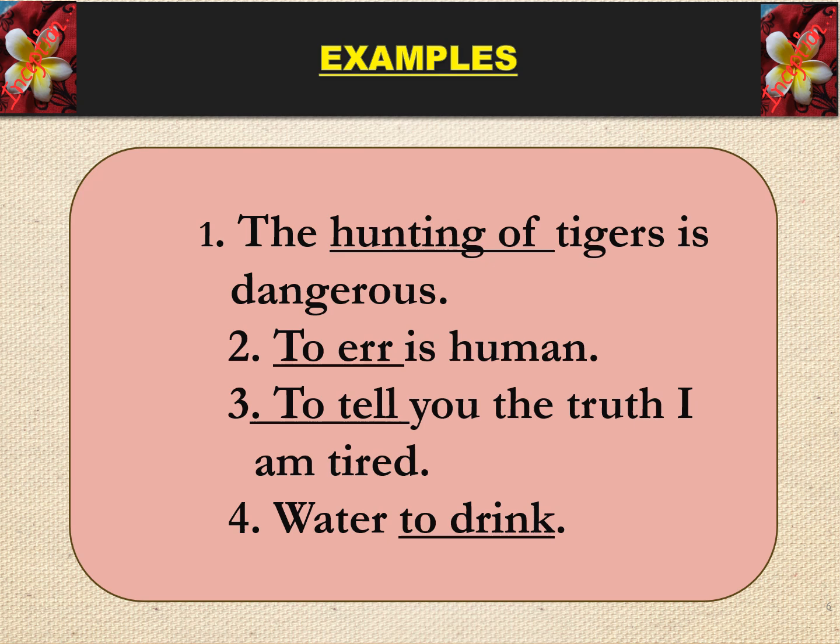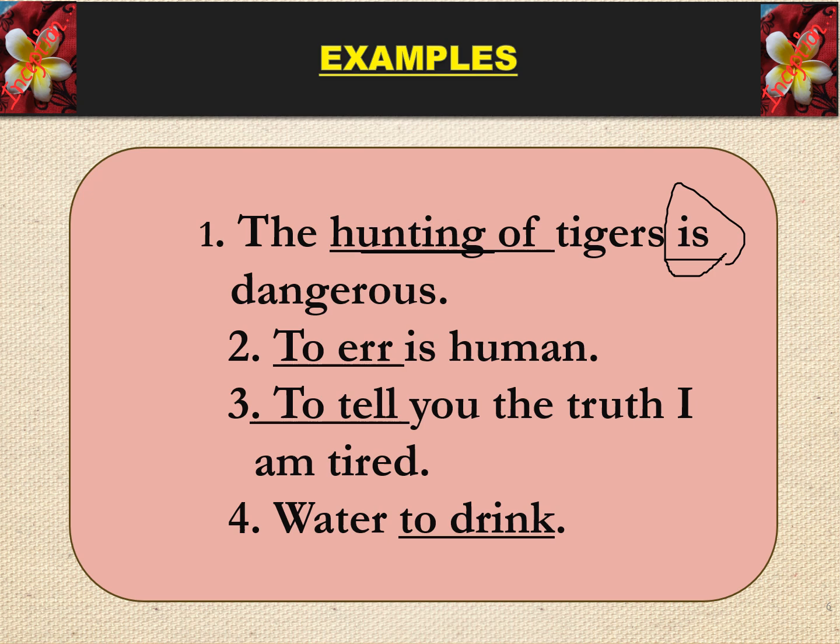More examples. The hunting of tigers is dangerous. Here also, is is the main verb. If the tense or the person is changed, then this one will be affected. But hunting of, this one will be the same. Next, to err is human. Same. To err will not be changed. This is an infinite verb.